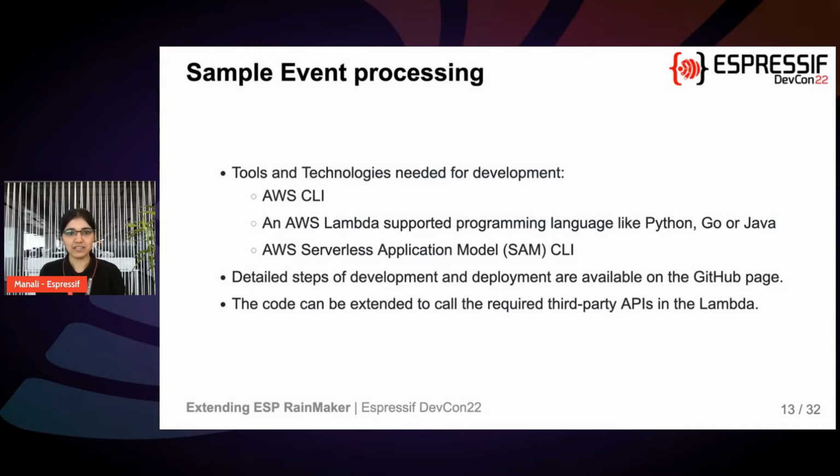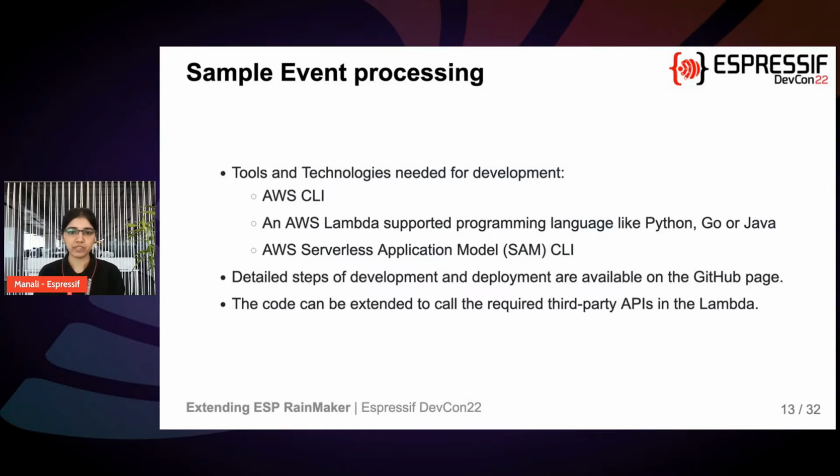These three tools are mostly required for developing any serverless application, and you would obviously require them for developing the event processing framework. The detailed steps of all the development and how the deployment is to be done are available on the GitHub page, and you can extend the code once you are familiar with the process to build and deploy it.